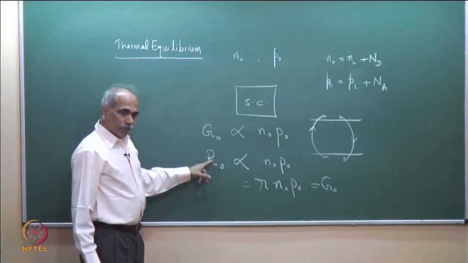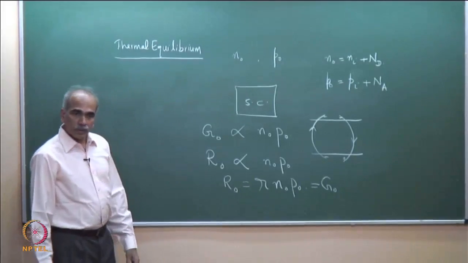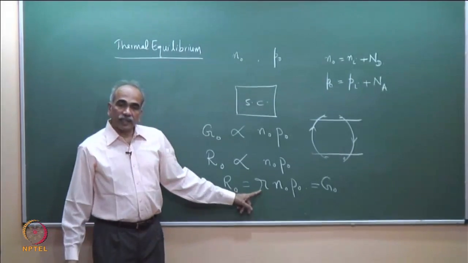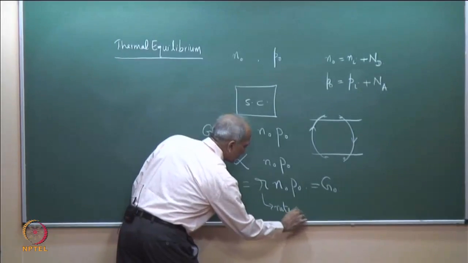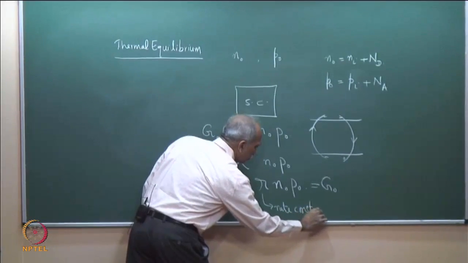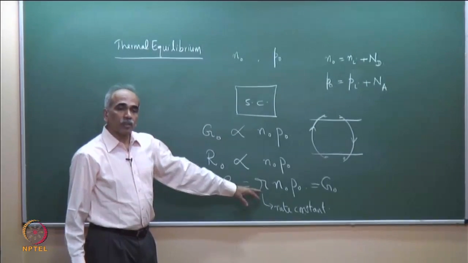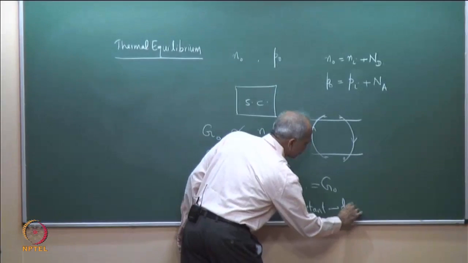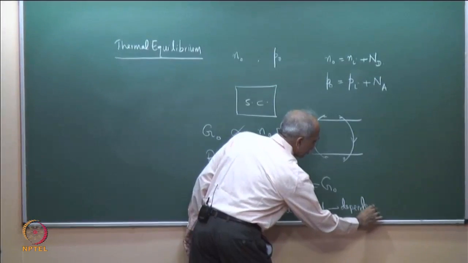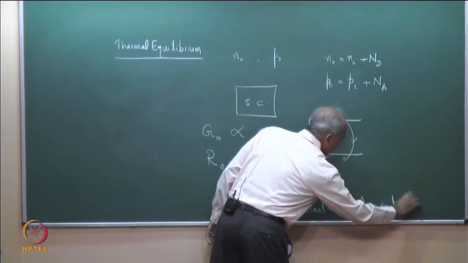R is a rate constant, a proportionality constant which depends on the property of the material.